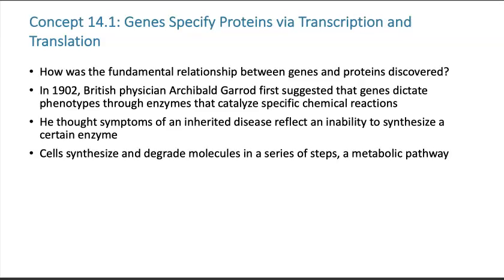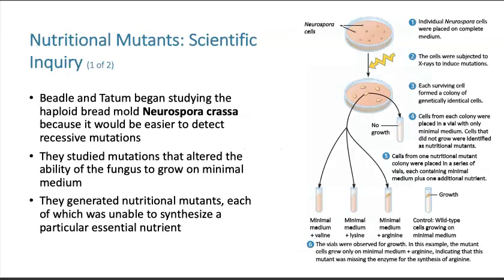We've talked about metabolic pathways before, way back at the beginning of the semester, but metabolic pathways are a series of steps in which you change one molecule into another, either breaking it down or building it up. So that was the first thing.